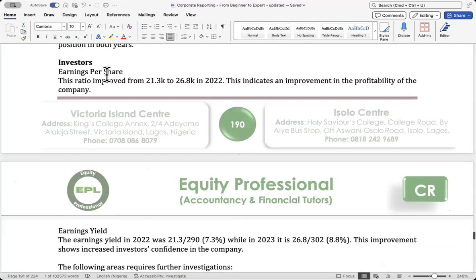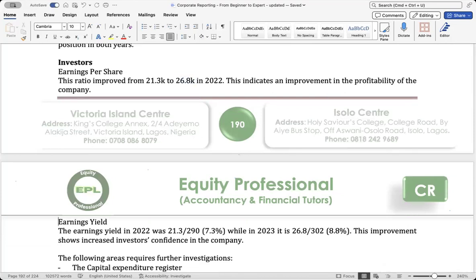So I told them that this ratio improved from 21.3 to 26.8. This indicates an improvement in the profitability of the company. Then I talked about even though they didn't give us any yield, since I have earnings per share and the market price, I can compute earnings yield.